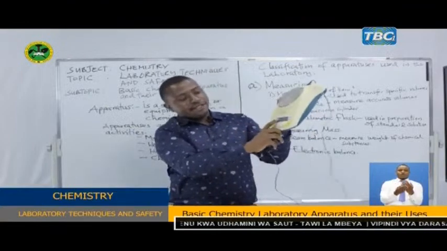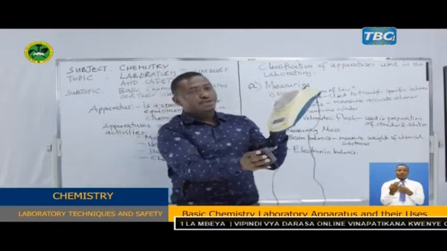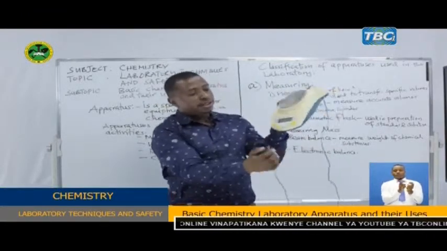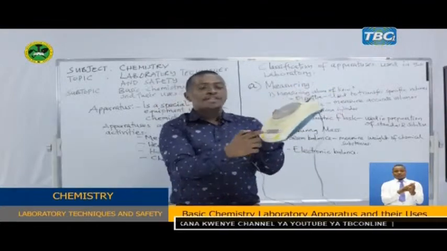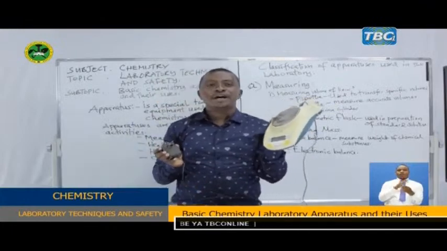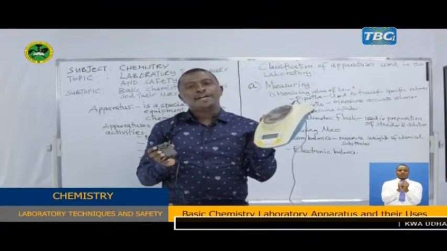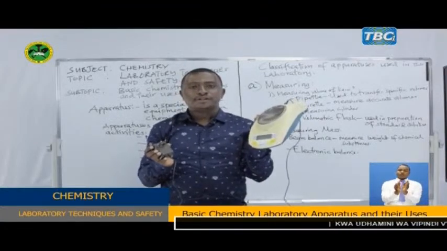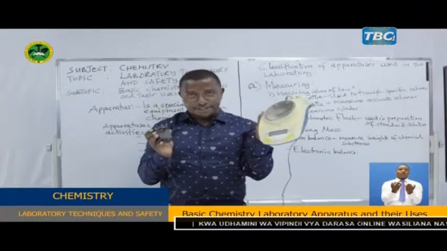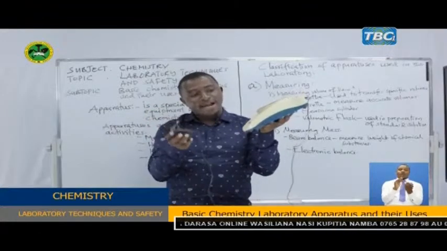It has a display screen here, and it has a connection with electricity. So when it is plugged in the socket, it gives out a reading. This one here is much more advanced. It is used to measure accurate weights of substances. It can measure even a small amount of weight. So it is known as an electronic balance or a digital balance.